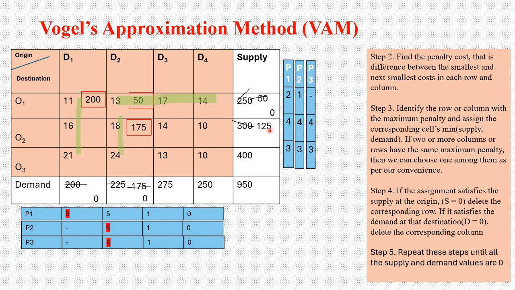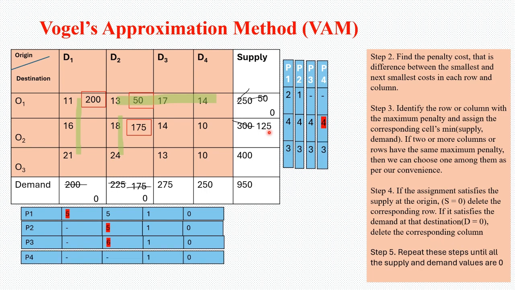Now, find penalty P4 for all rows and columns excluding the deleted column and row. P4 for second row is 14 minus 10, which is 4, and third row is 13 minus 10, that is 3. Find P4 for third column 14 minus 13, that is 1, and last column 10 minus 10, which is 0. Now among all the penalties, 4 of the second row is maximum.